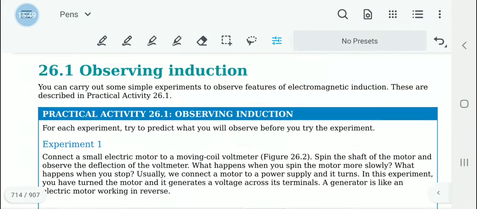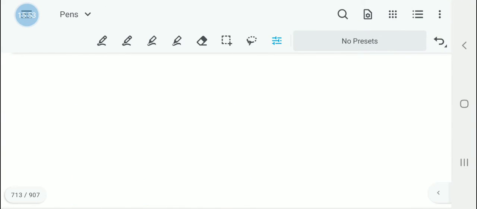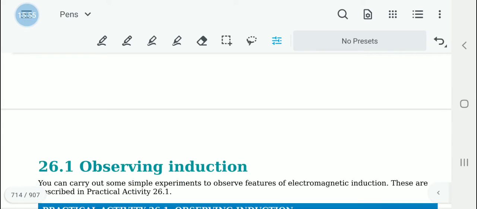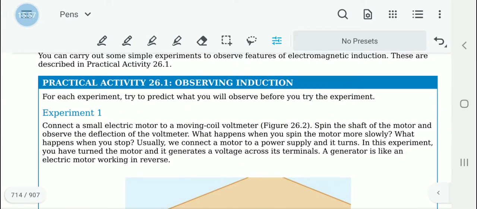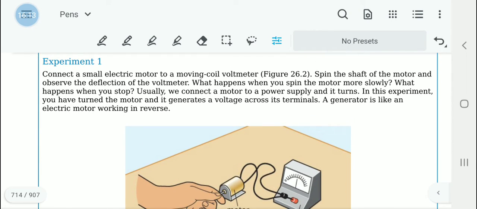Let's write down a note before we move on to the other parts of the lesson. Write down induction, subheading: observing induction. Experiment 1. A small electric motor is connected to a moving coil voltmeter.